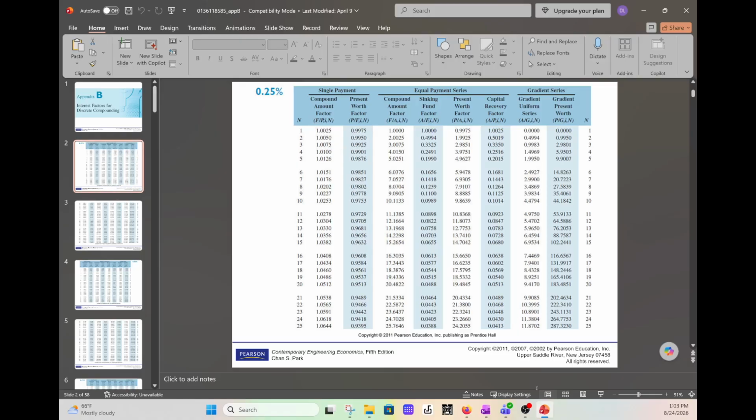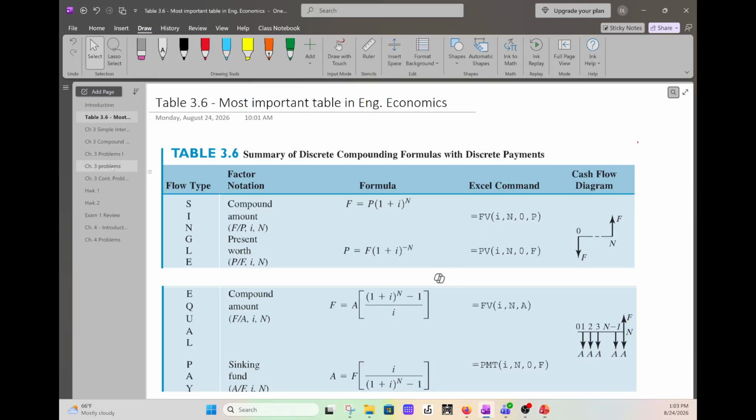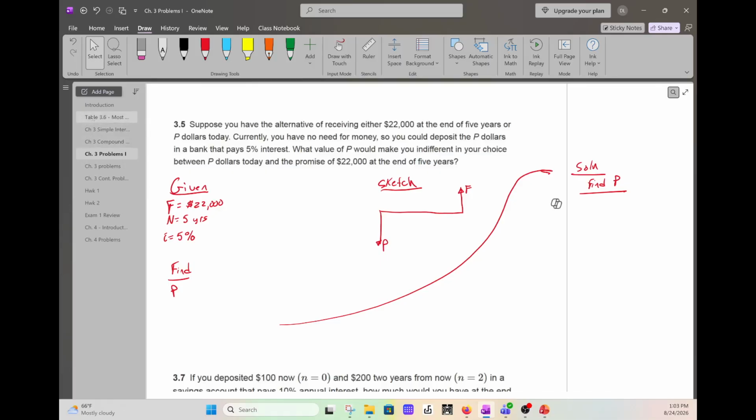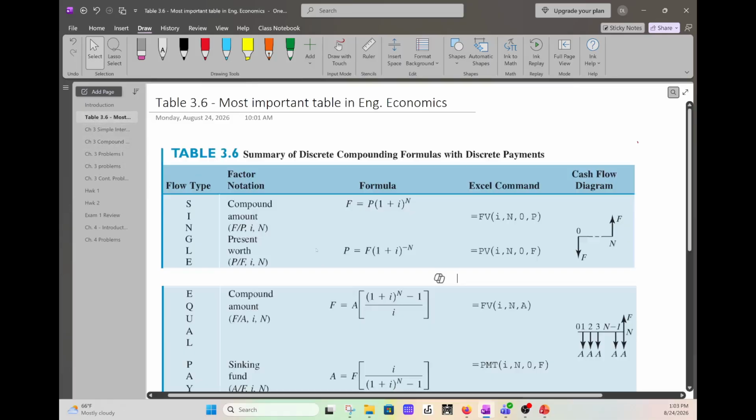So in our particular problem, we have 5% interest. Let me write the equation, which is this one right here.